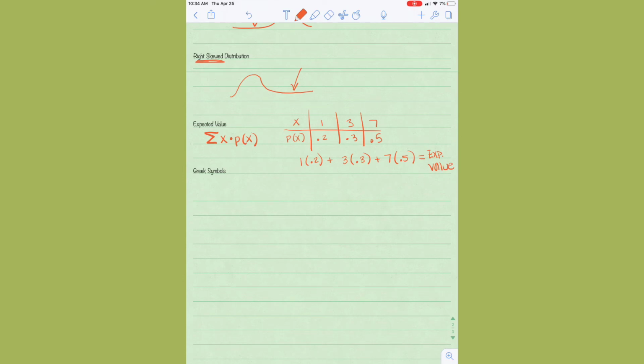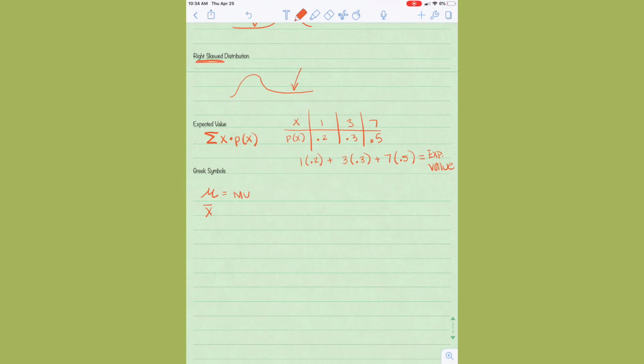Okay? And the very last thing you want to feel confident with is your Greek symbols. So again, in a prior slide, I introduced these to you, but you want to feel comfortable about these symbols. This symbol is mu. It is a Greek symbol. The one below it is not really a Greek symbol.